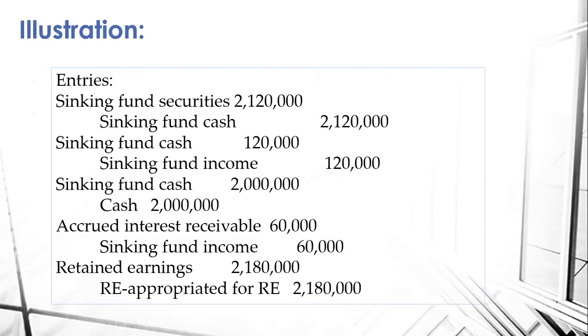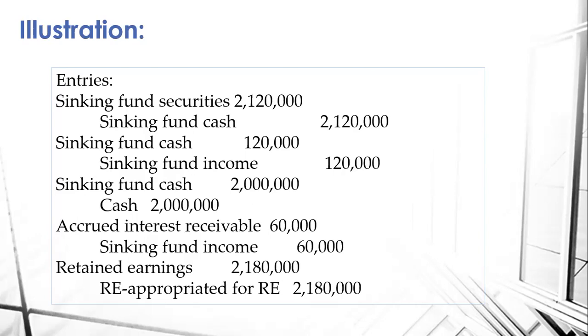Sunod, yung allocate mo sa cash is sinking fund cash nga 2 million, then cash 2 million. Then may accrued interest, so accrued interest receivable 60,000, then sinking fund income 60,000. I-close mo naman itong i-appropriate mo nga 2,180,000 sa retained earnings, then retained earnings appropriated for sinking fund, 2,180,000.